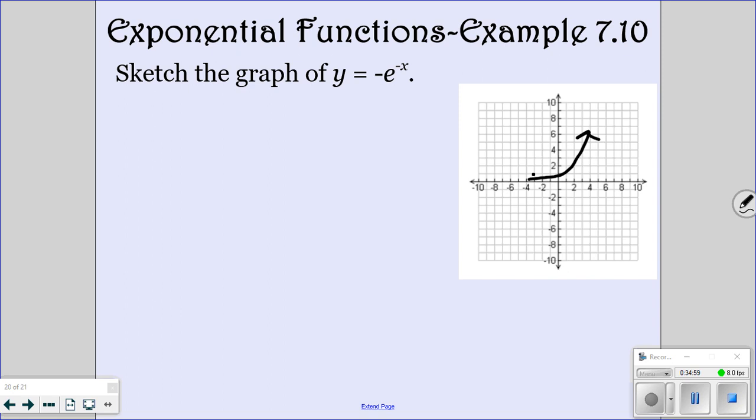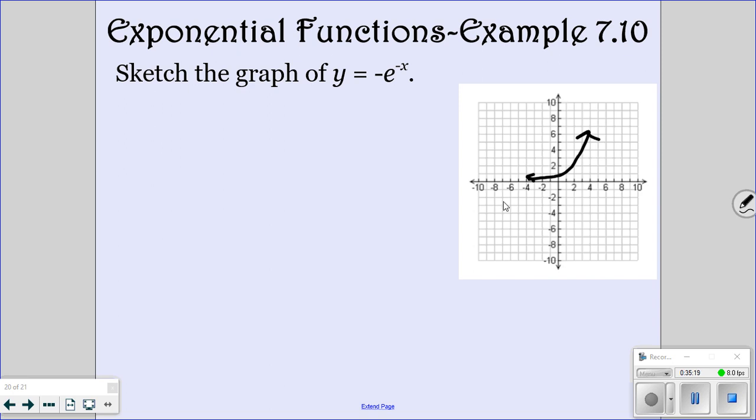That's a rough estimate of what it looks like. And then we did the other options of just negative e to the x or e to the negative x. And so now we're combining those two. So does anyone have a guess as to what it would look like, a basic idea?